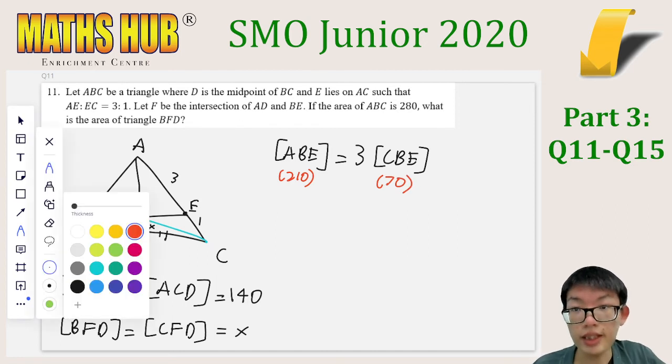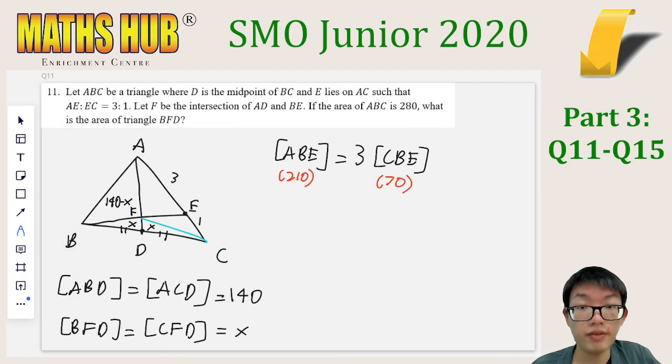Again, this means that I can write down 210 minus 140 minus X, so AFE has area 70 plus X. And CBE has area 70, so 70 minus 2X will be the area of triangle CFE.